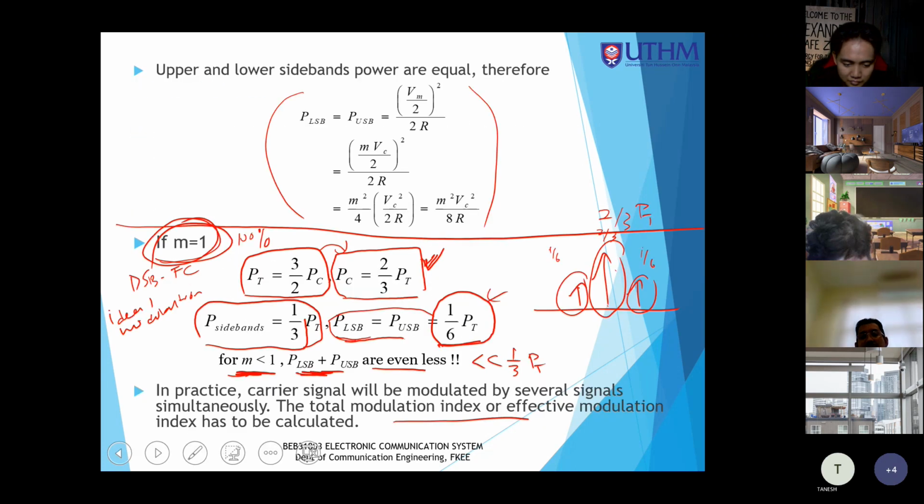So maksud dia, ini menjawab kepada persoalan tadi yang disadvantage tadi. Kenapa double sideband full carrier mempunyai ada disadvantage? Dinyatakan bahawa double sideband full carrier dia wasted of power. Okay, wasted of power. So ini dia punya jawapan lah secara pengiraan.